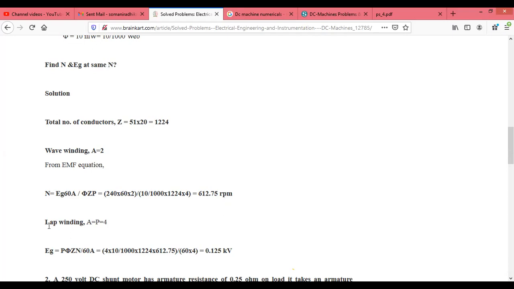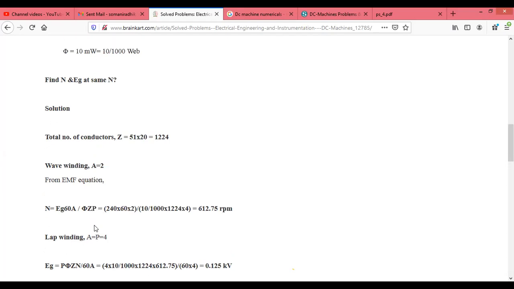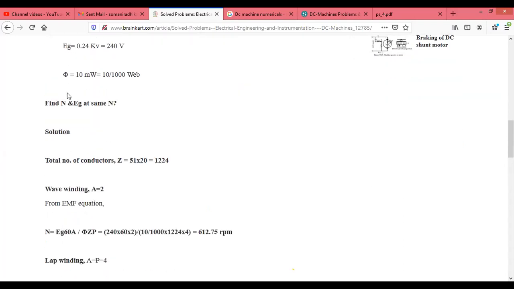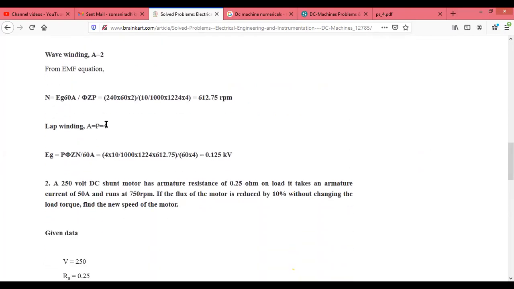If they are keeping lap winding, at that time you can see here what they have given. They have given pole generator. These are nothing but 4 pole generator. So for lap winding you can take A equal to P equal to 4. And if there is wave winding, you can take A equal to directly 2. If you are putting in for lap winding, if you are solving your equation for generated EMF, you will have the equation for P, phi, Z and 60A.